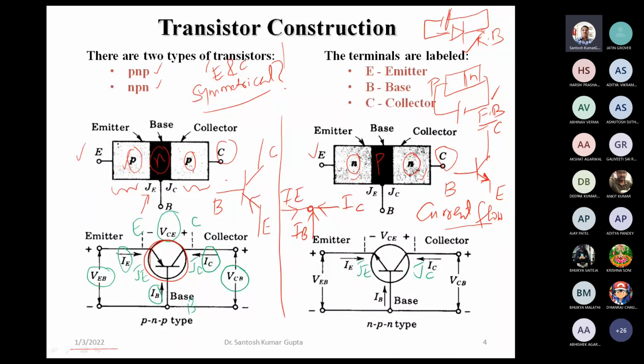So there are three currents entering here, but at a node KCL, Kirchhoff's current law, has to be fulfilled, that is, total current in is equal to total current out. So IE plus IB plus IC must equal 0. No node can generate any current on its own. That's what it is saying here. So KCL is going to hold here.